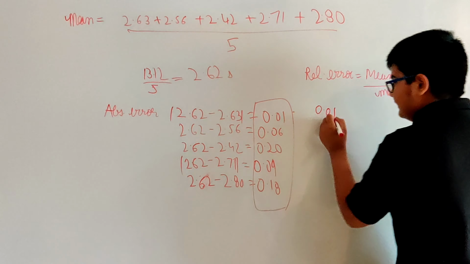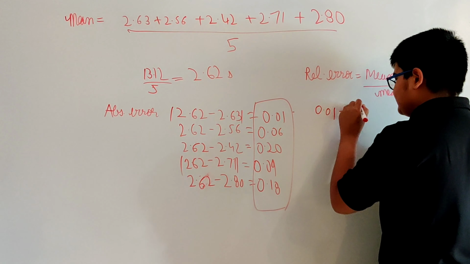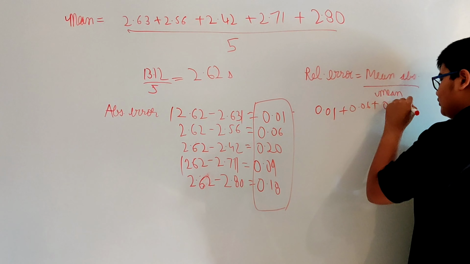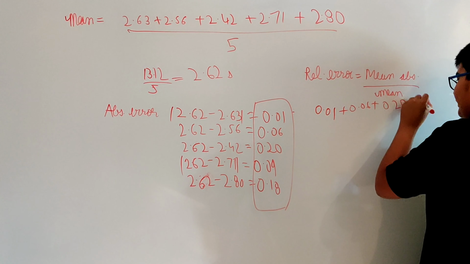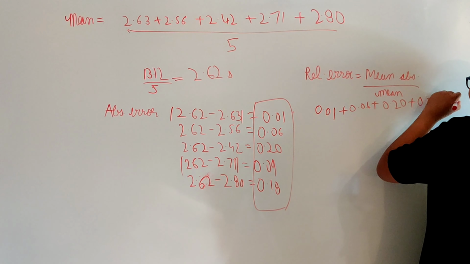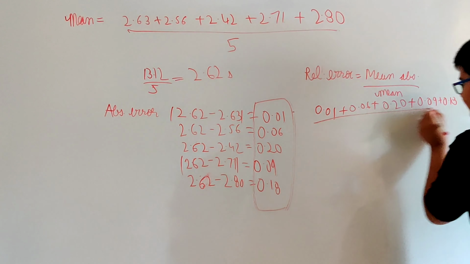0.01 plus 0.06 plus 0.20 plus 0.09 plus 0.18 upon 5.